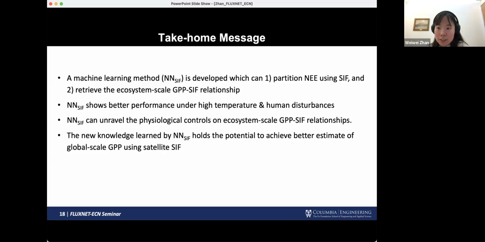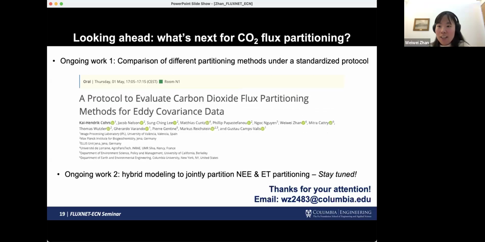Another byproduct is that it can reveal how the GPP-SIF relationship responds to physiological factors. And this learned knowledge, if we apply this framework to satellite data, potentially can hold the potential to achieve better estimates of global scale GPP. So those are the results we have done before.